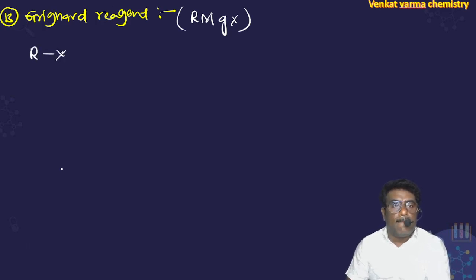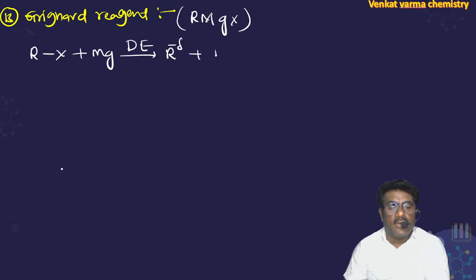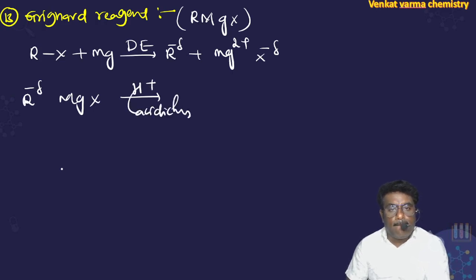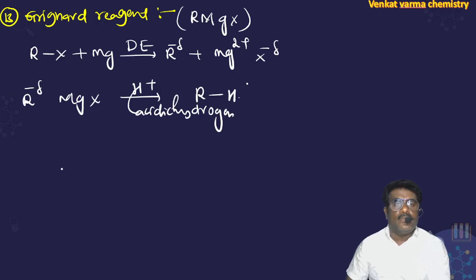Alkyl halide with magnesium in dry ether gives alkyl magnesium halide, like R minus MgX plus. This R minus with an acidic hydrogen H plus gives alkane. So it is a method for preparation of alkane.